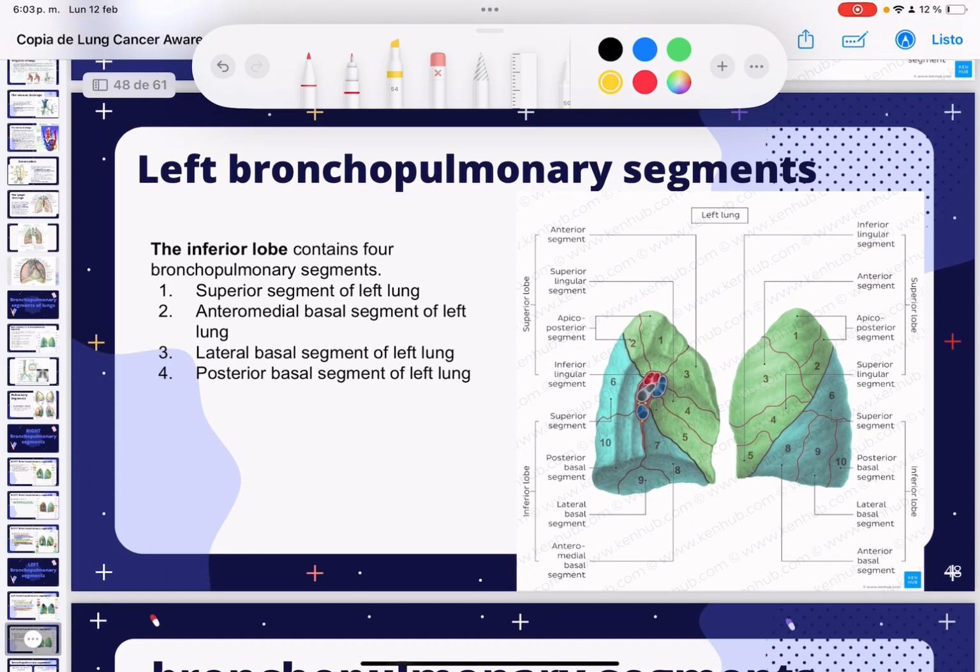Left bronchopulmonary segments. The inferior lobe contains 4 bronchopulmonary segments. First, superior segment of the left lung, anteromedial basal segment, lateral basal segment, and posterior basal segment. Superior segment. This one.